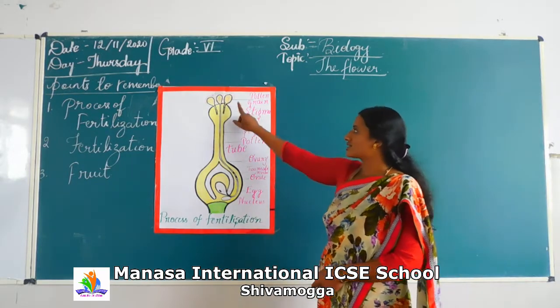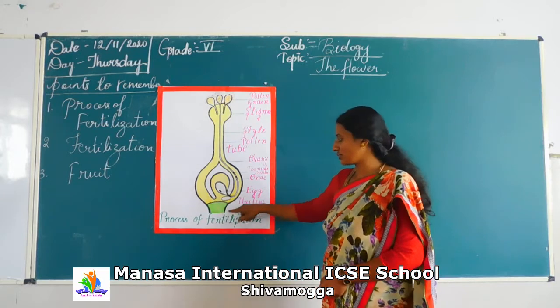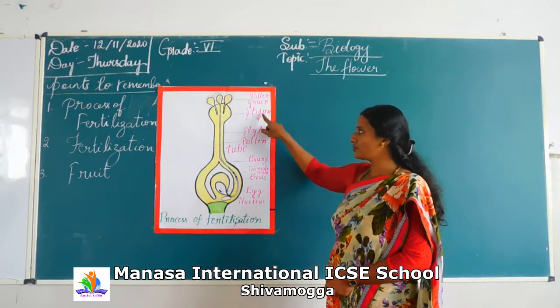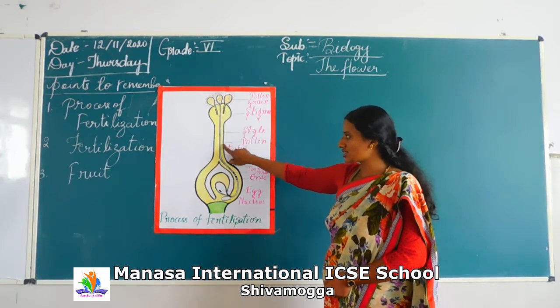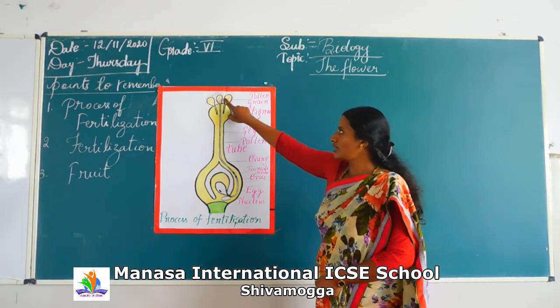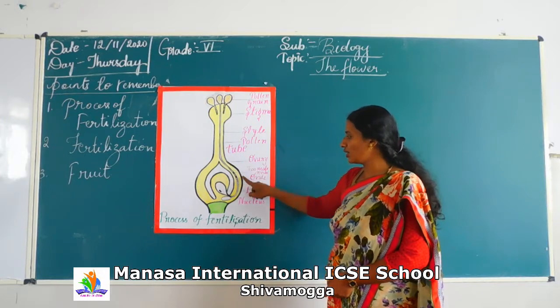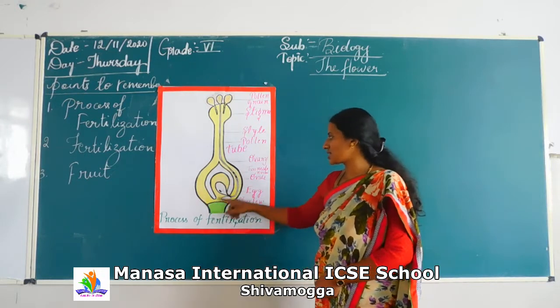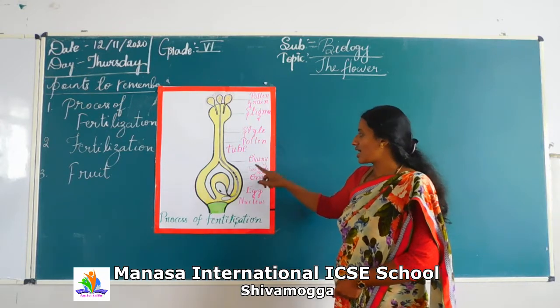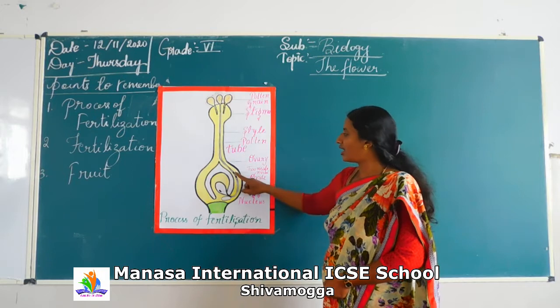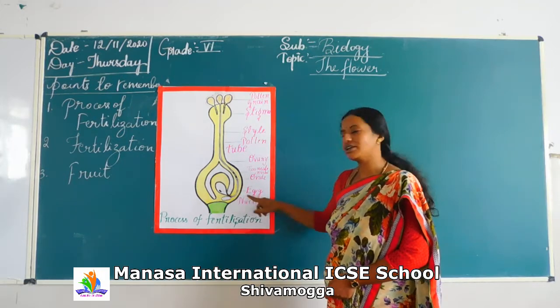This is the complete reproductive part of the flower: pollen grains, this is the stigma, and this is a long style. The pollen grain has developed a pollen tube, and this is the swollen part which is called the ovary. Two main nuclei from this pollen grain are ready to fuse with the egg nucleus.